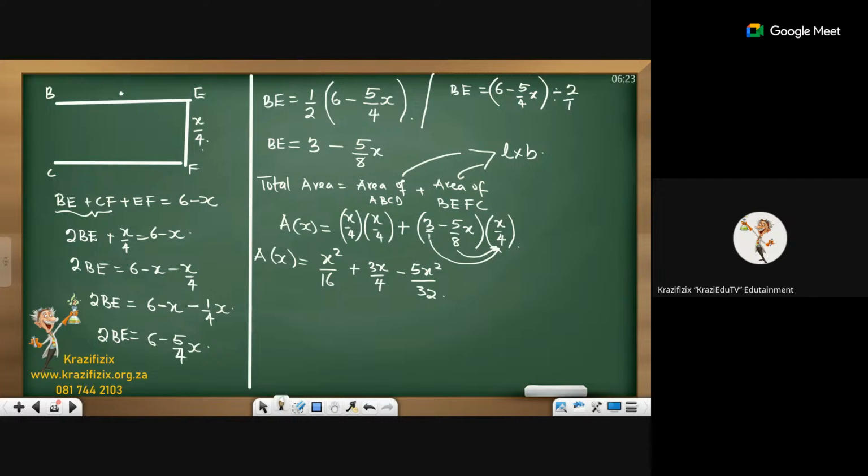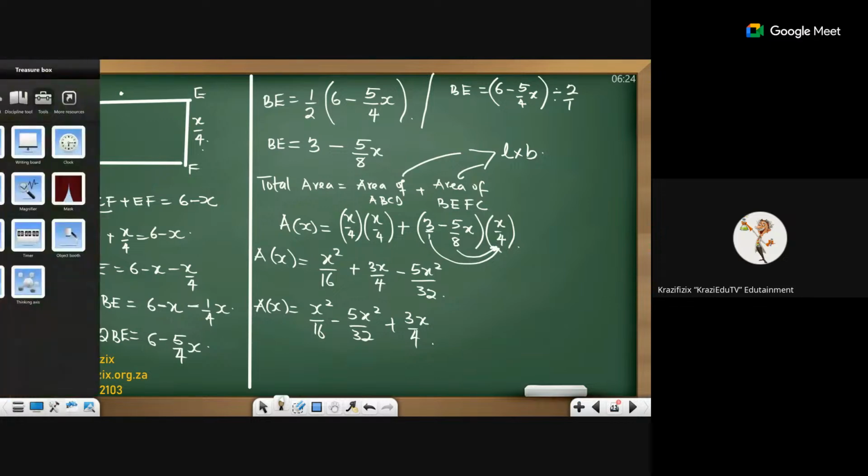Doesn't really look nice in presentation. There are like terms. Okay, and my like terms both have x squared. So can I bring them together? X squared over 16 minus 5x squared over 32. They are not dividing yet until the 5. Let's check now.